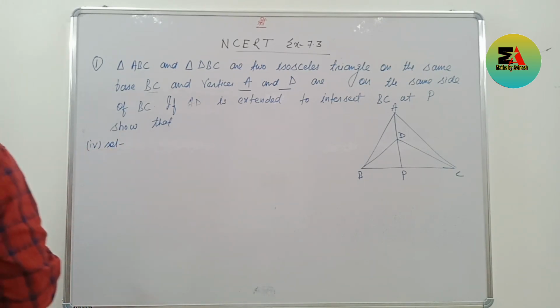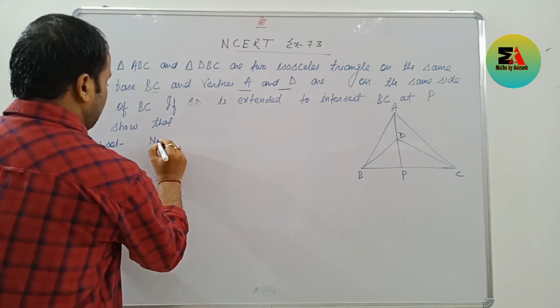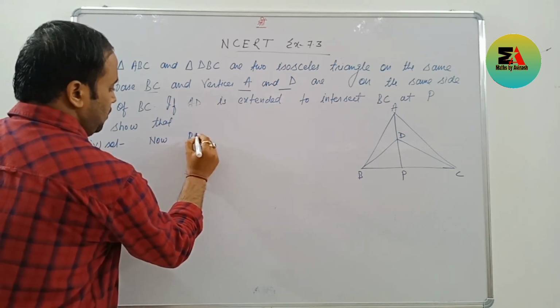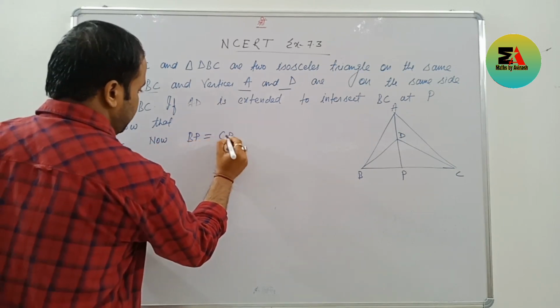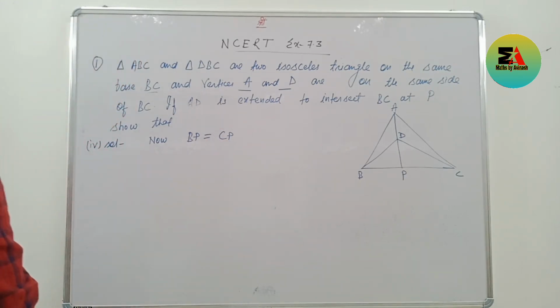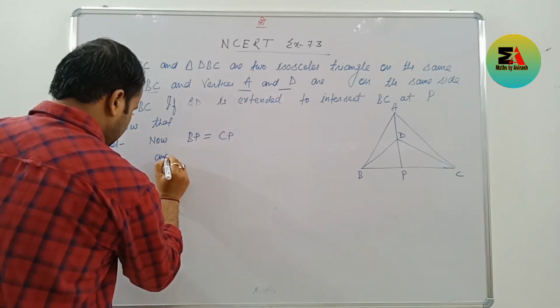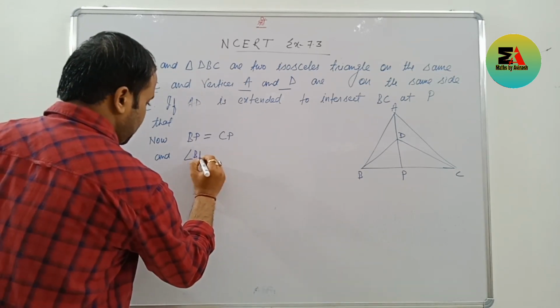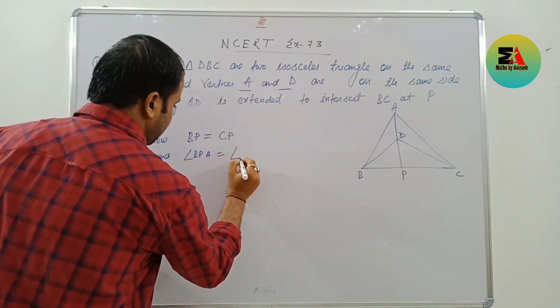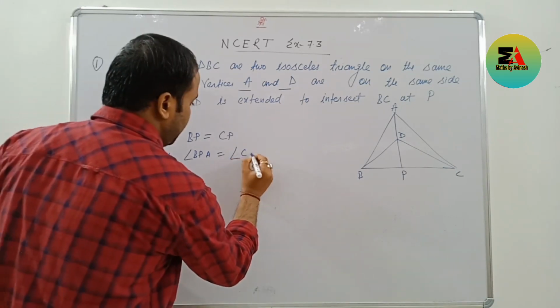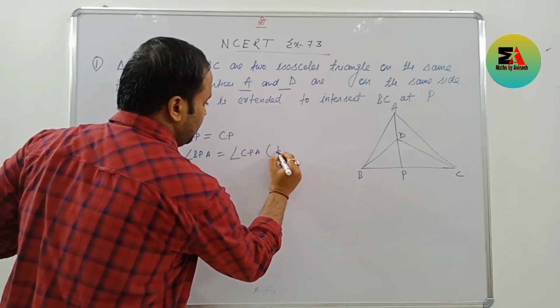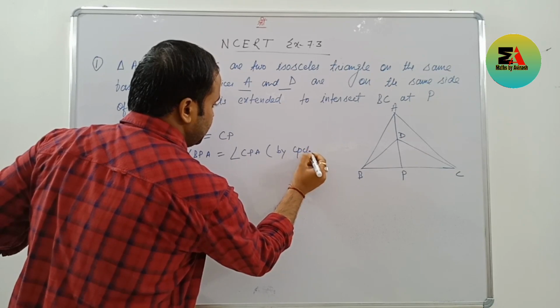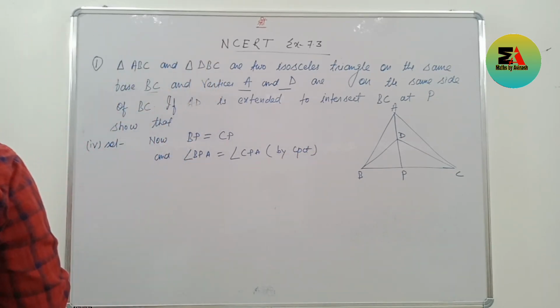In case 4, now BP is equal to CP and angle BPA is equal to angle CPA by CPCT.